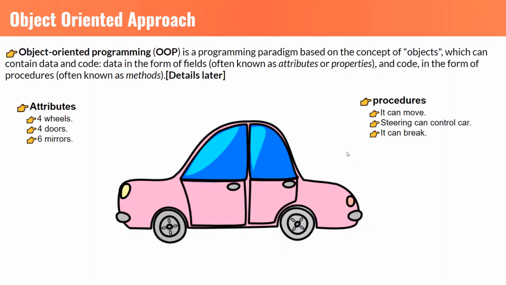Once we create an object, we can reuse it. So we can create the same car in our game multiple times by using the same object. It might sound a little complicated right now, but in one of the next sections, you will understand object-oriented programming in detail. So don't worry about that.